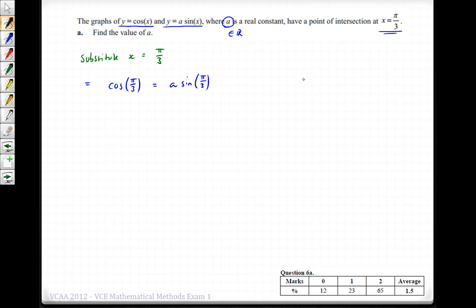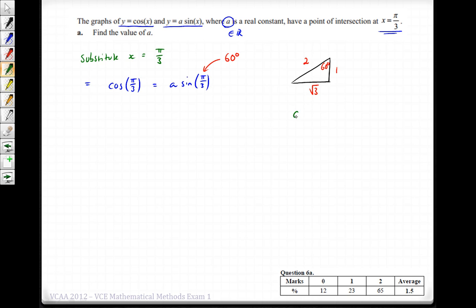Now if we set up our triangles, the pi on 3 angle is the same as 60 degrees, so it's the bigger one in here. So the opposite is root 3, that's 1 and that's 2.